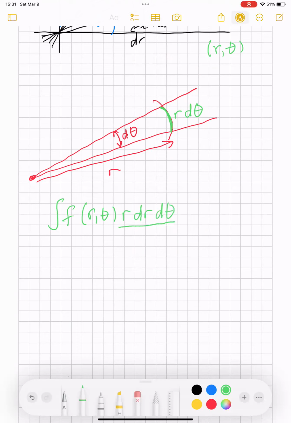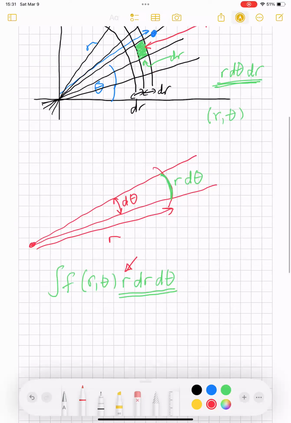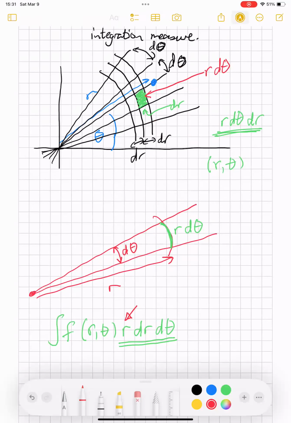So this is not an integral of f dr d theta; it's an integral of f r dr d theta. And I've argued very clearly for why we need that extra r sitting there, just by looking at a little square on the plane.